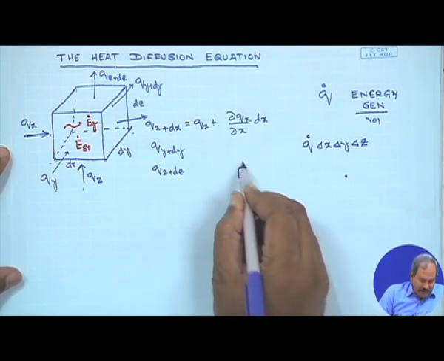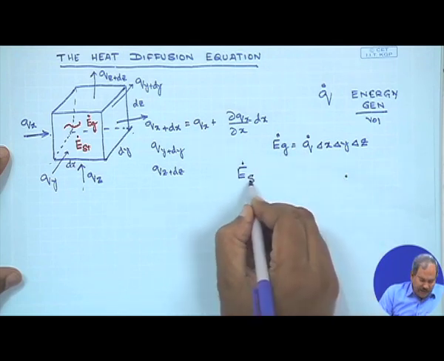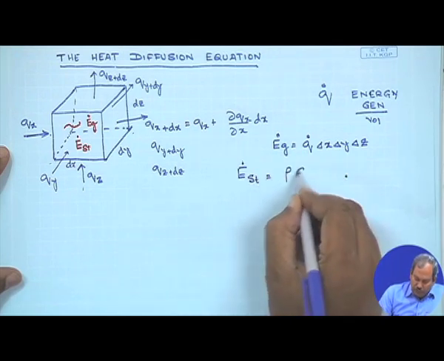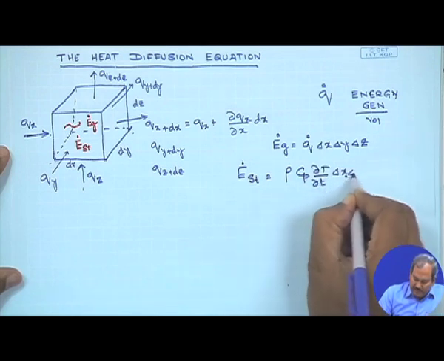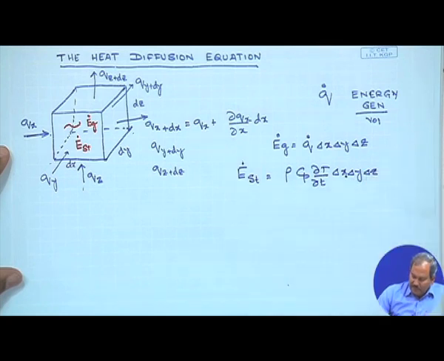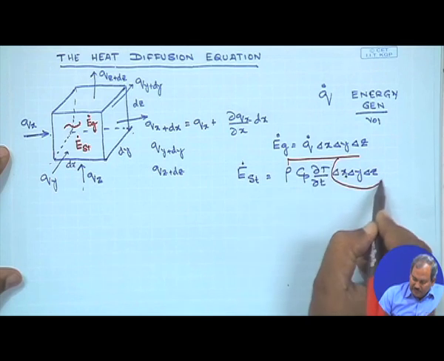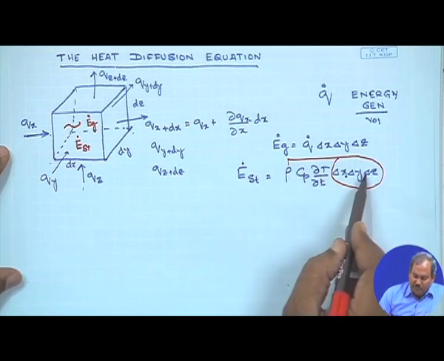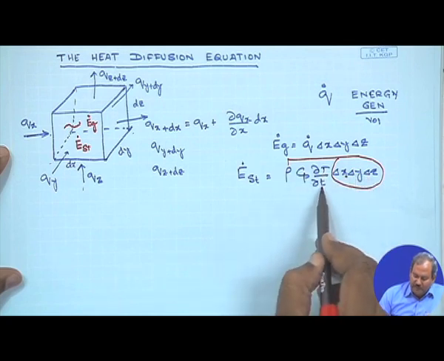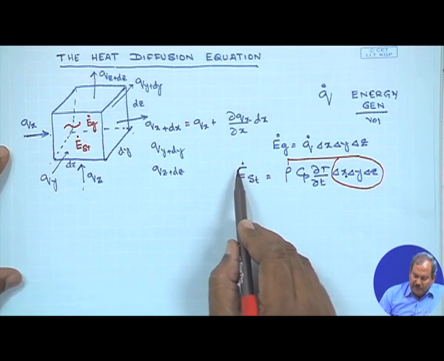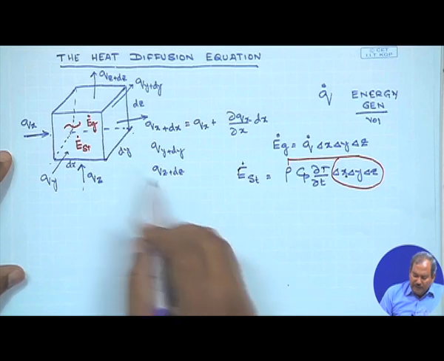So this would be E dot G, energy generated, and E dot stored would be equal to rho Cp del T by del time times del x, del y, del z, because rho times del x, del y, del z is simply equal to the mass of the control volume. So m Cp del T by del time is the time rate of change of energy stored in the system. You can see it in any textbook.